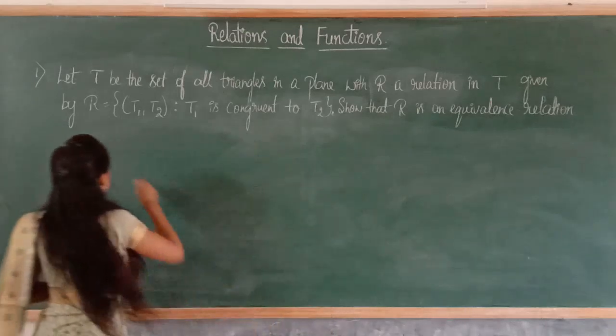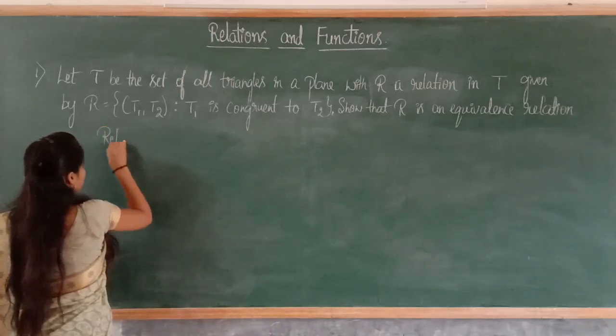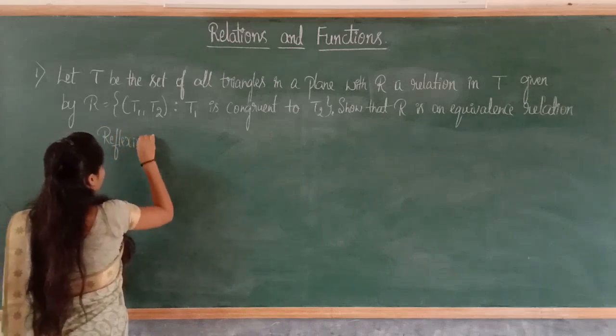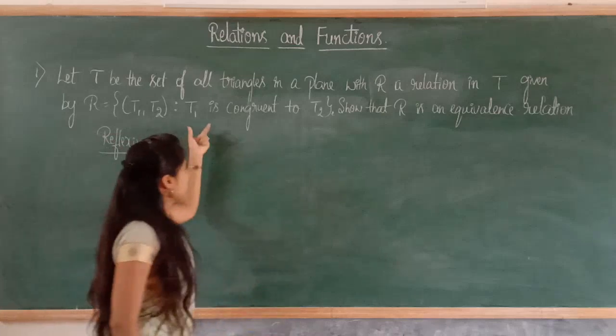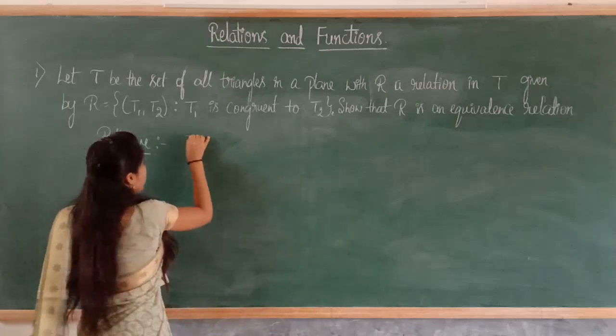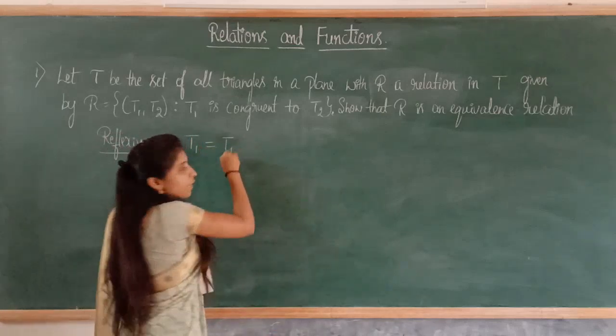First one is reflexive. For reflexive, see here, T1 is equal to T1. Of course, the triangle T1 is congruent to itself.